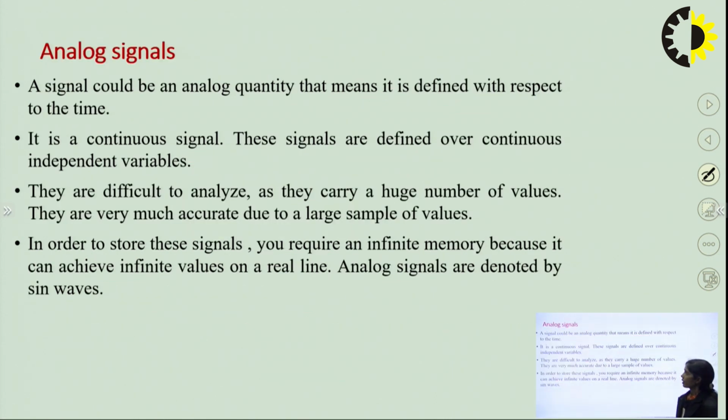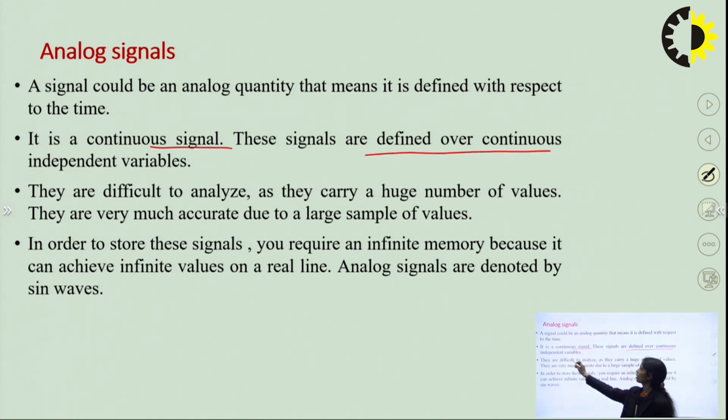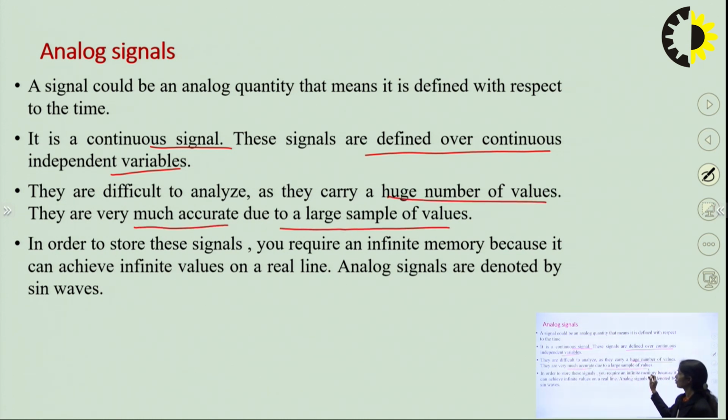Now if we talk about the analog signal, it is a quantity defined with respect to time, and it is continuous in nature. It is a signal which can be defined over continuous independent variables. Analog signals are difficult to analyze, they have a huge number of values, and they are very accurate due to the large sample of values.